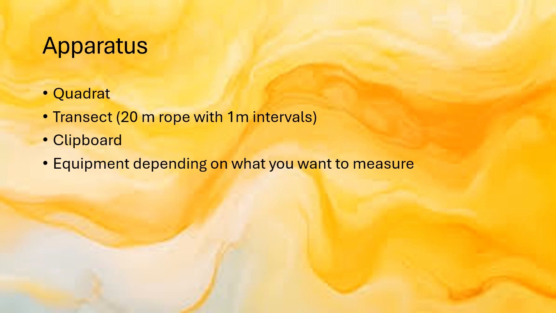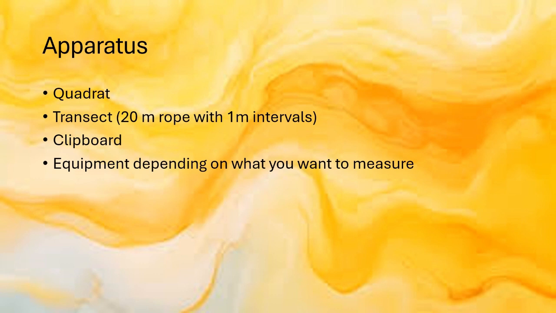So the apparatus that you need for this practical: the first thing is obviously a quadrat, which will be used to measure the distribution of the biotic or abiotic factor you want to measure. Mostly biotic if you're using a quadrat. And same for a transect, another possible tool that you can use to measure the biotic factors in your environment.